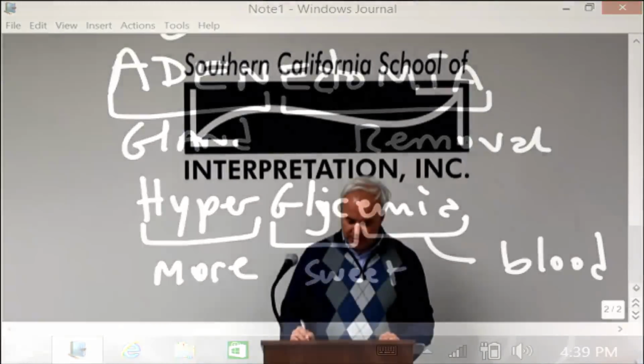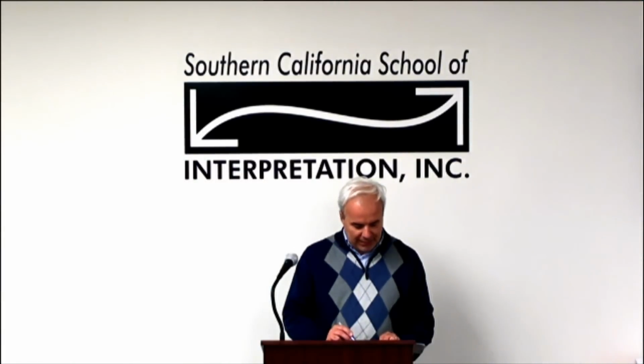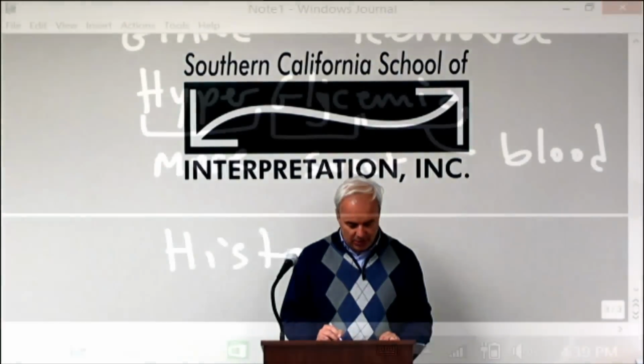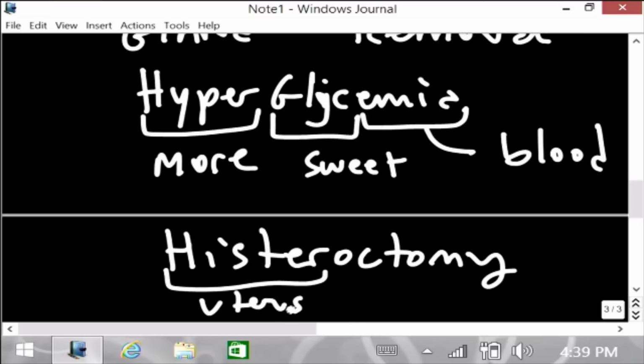Look at this one, for example. Hysterectomy, or histerectomía. What exactly would that be? Well, if you think about it, hyster, this part refers to the uterus, the womb, the matrix.